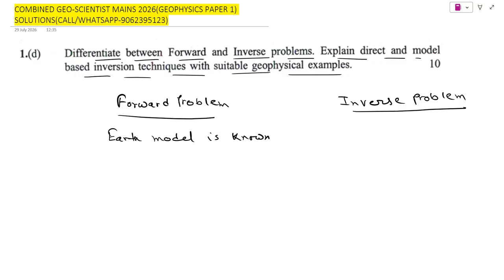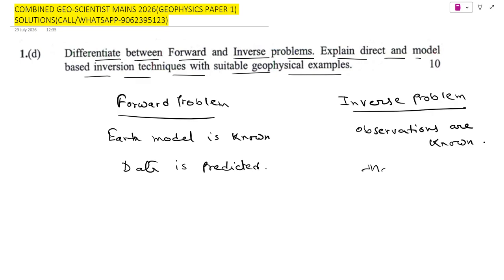And here observations are known. Okay. Data is predicted here. Model is estimated here. Okay. This is easy to solve. This is difficult to solve.